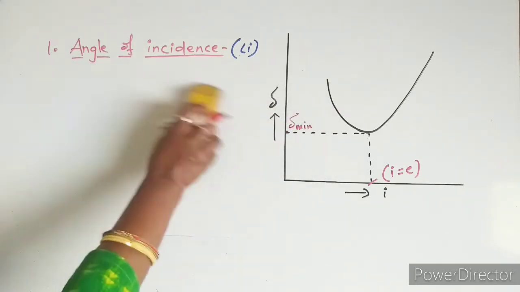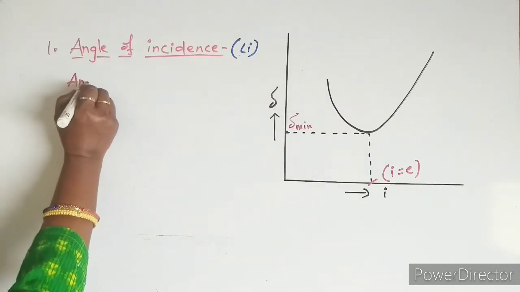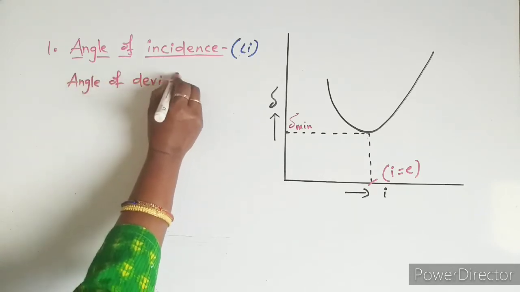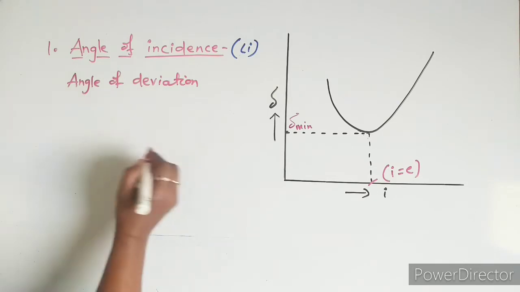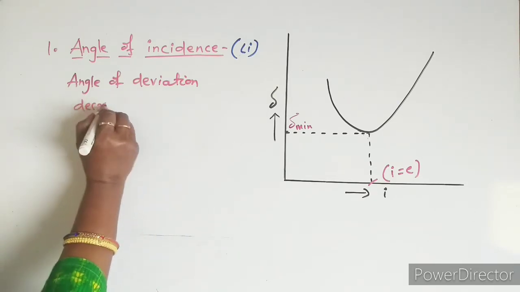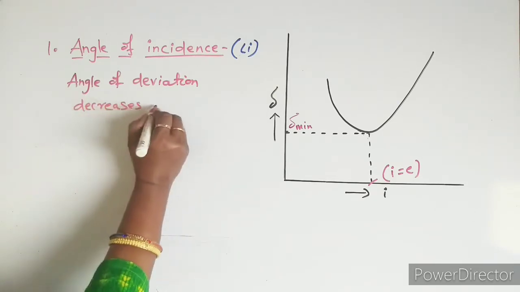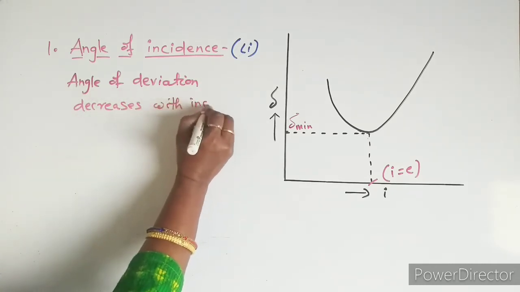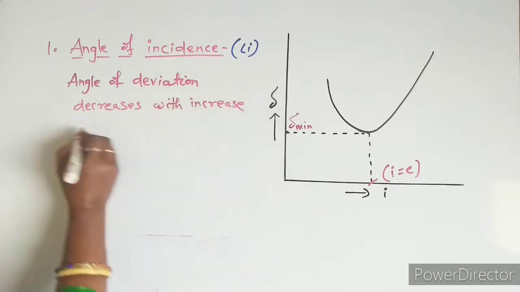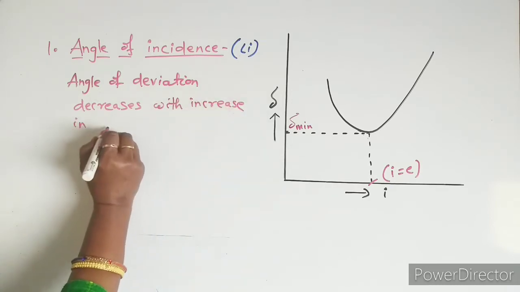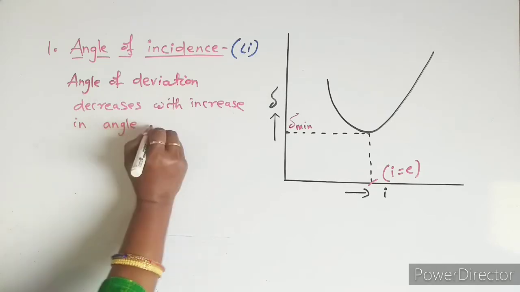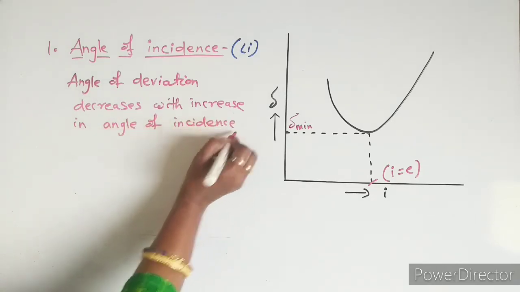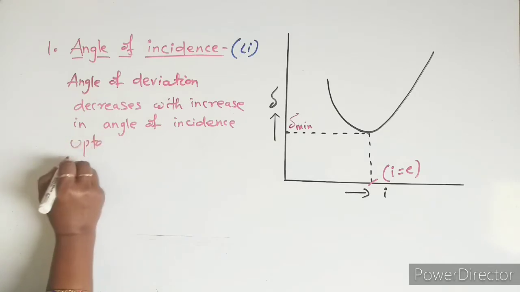The angle of deviation, first of all, decreases with increase in angle of incidence up to the minimum angle of deviation. This one is important.